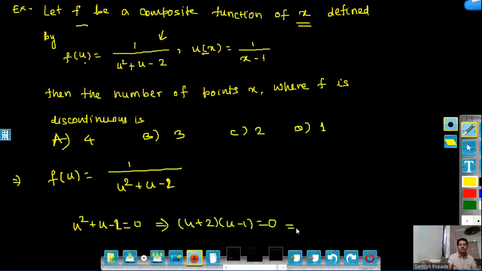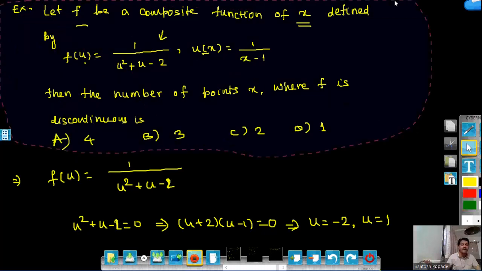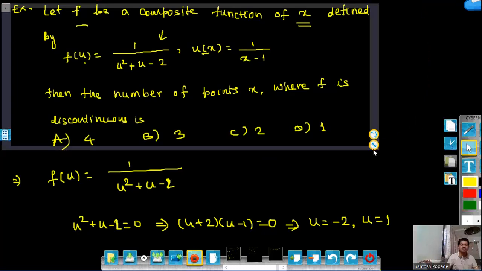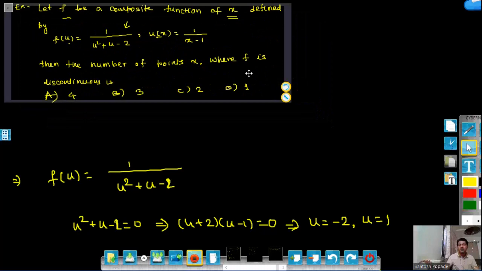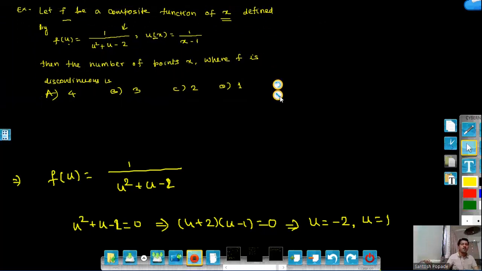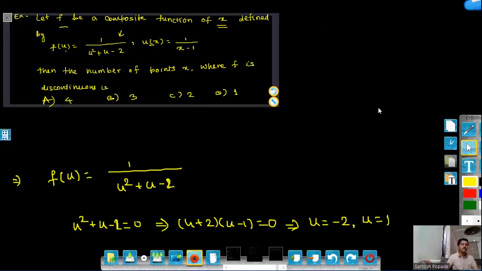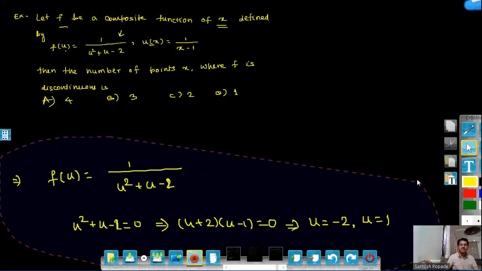Means you have to find where the denominator becomes 0. The factors are u plus 2 and u minus 1. So the denominator becomes 0 when u equals minus 2 and u equals plus 1. That means at these values of u, this function will be discontinuous.